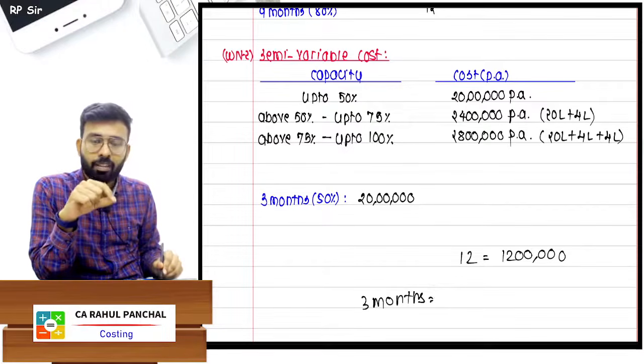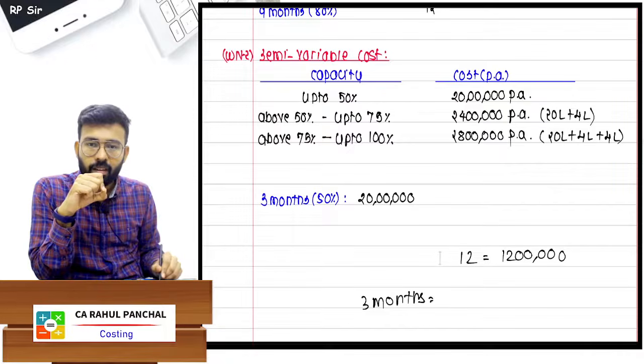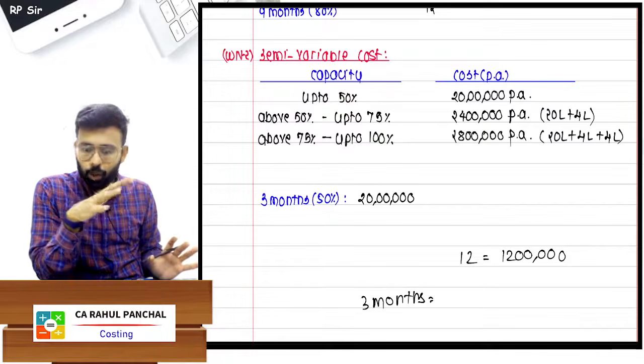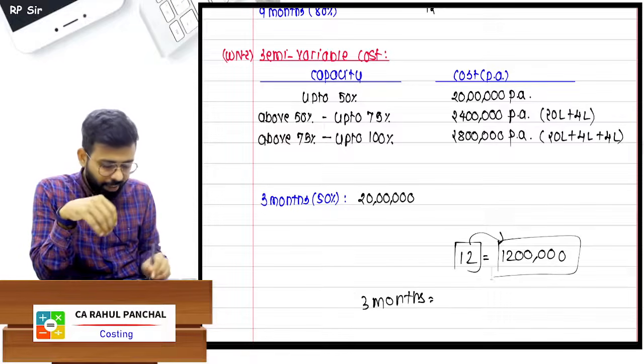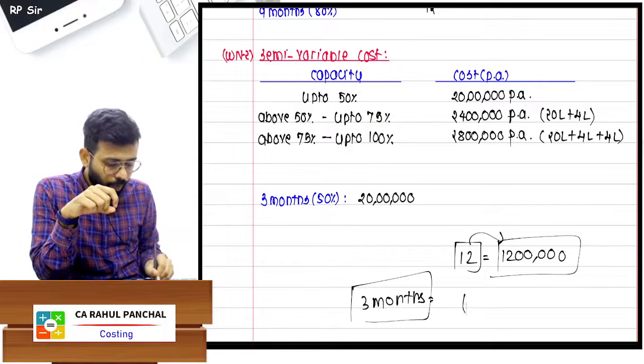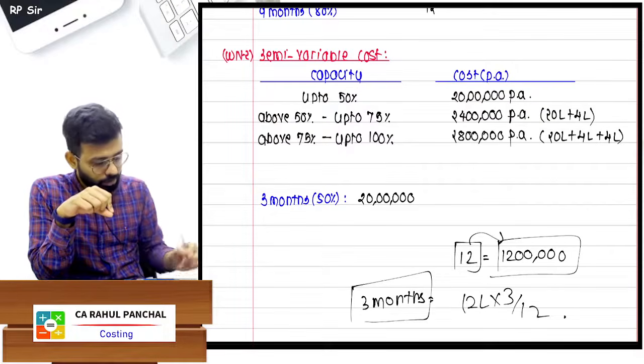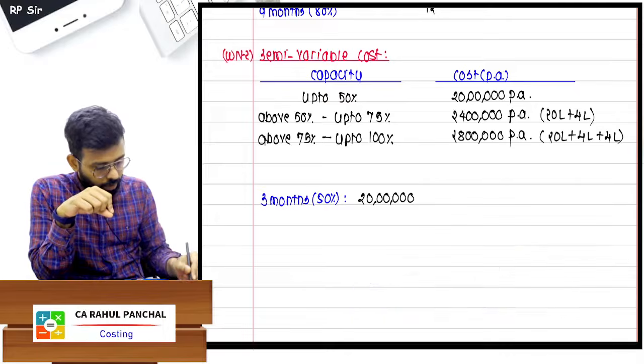Is it 12 lakh or 3 lakh? 4 lakh. I hope you got the point. Like if the rent is 12 lakh for 12 months, I agree, but if I ask you for 3 months, then you will have to multiply by 3 by 12, then you will get the answer. 4 lakh.